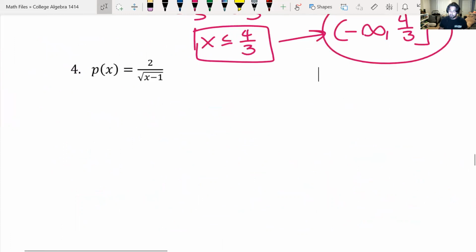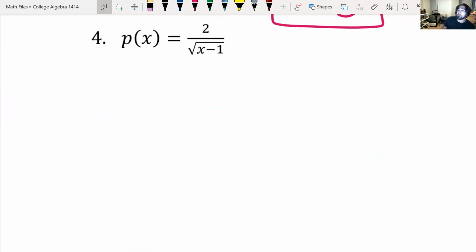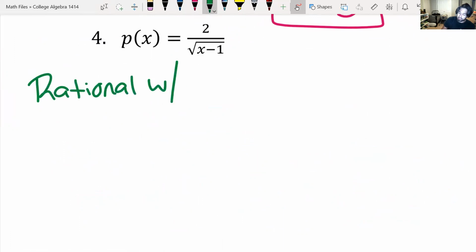All right. Last one for domain. We have 2 over the square root of x minus 1. This is a rational function with an even root.